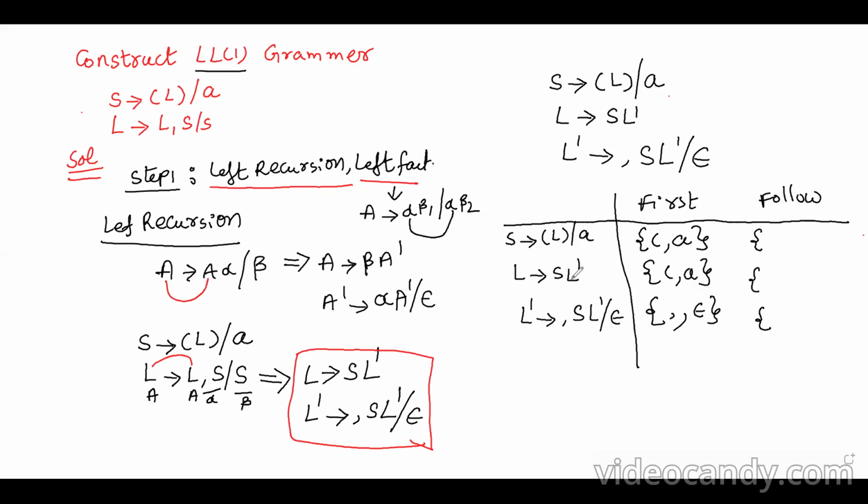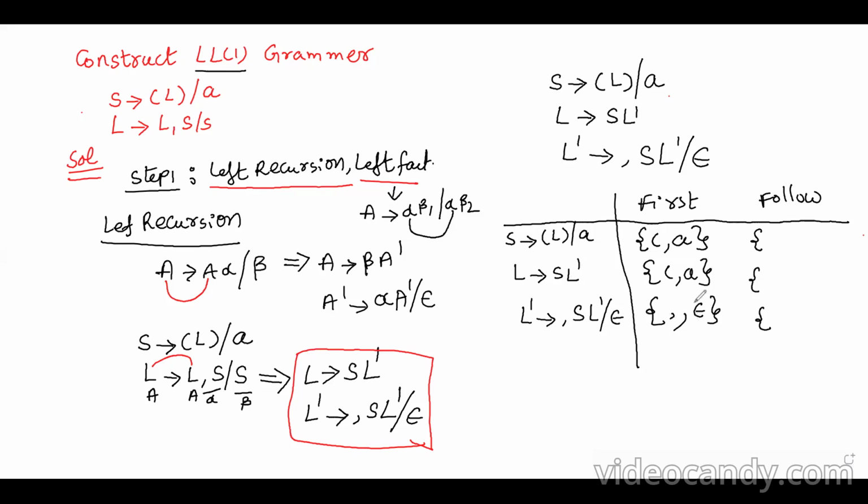In the right side, where is the S? Yes, I have S here. Follow of S means after S, what you have. After S, we have L dash, so follow of S is first of L dash.